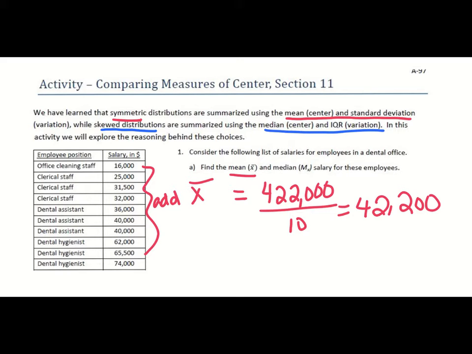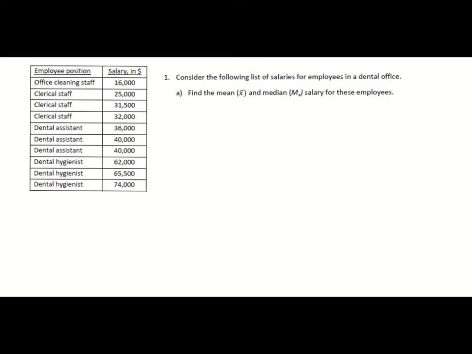So that gives you a mean of $42,200. The standard notation for mean is X with the bar above it. On the next screen, we'll do median with the same numbers.